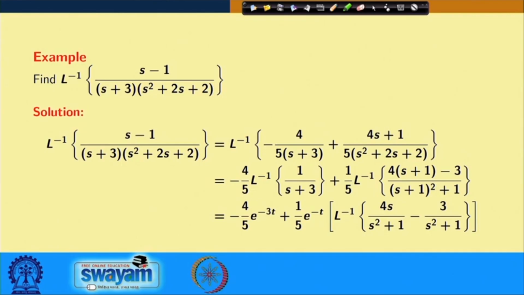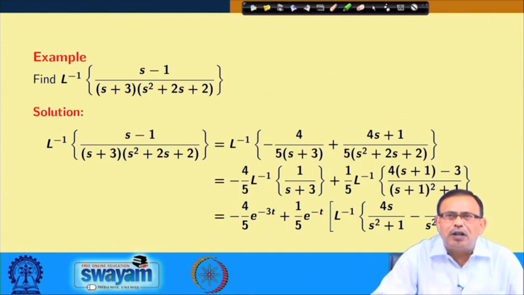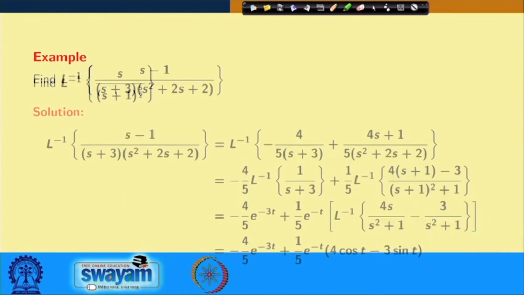So, in the denominator, although I had (s plus 1) whole square plus 1, I am writing this as 4s by s square plus 1, and similarly for the rest, that is 3 by (s plus 1) whole square plus 1. Using the property I can write it as this, and from here I can obtain the desired result.